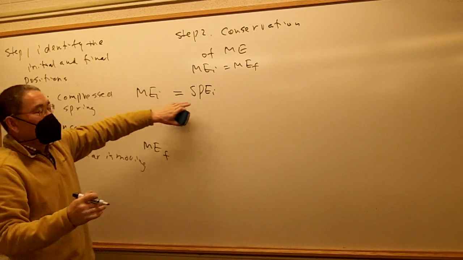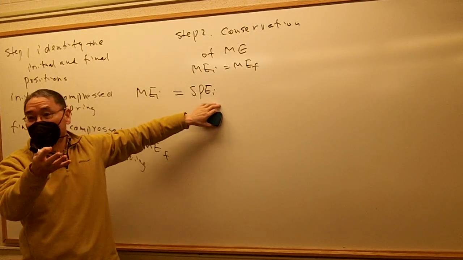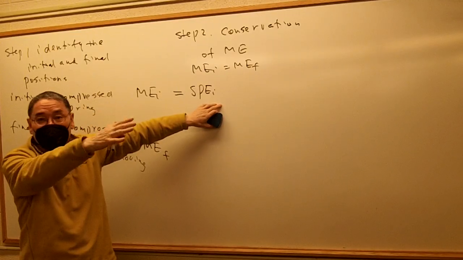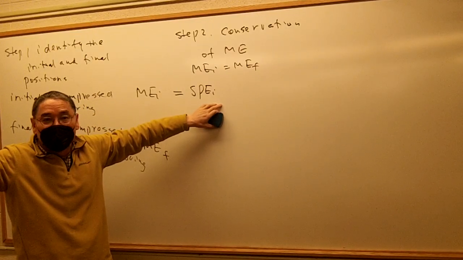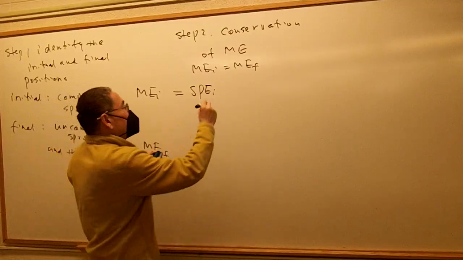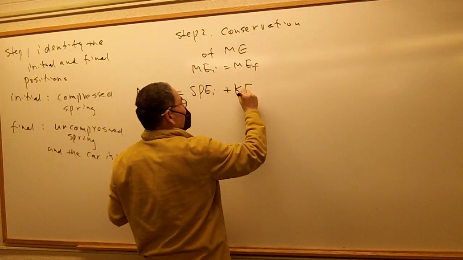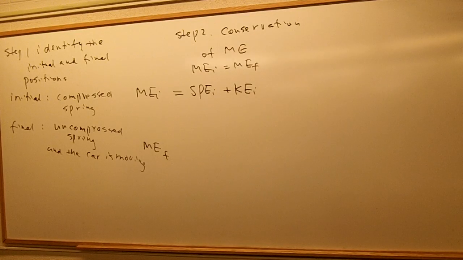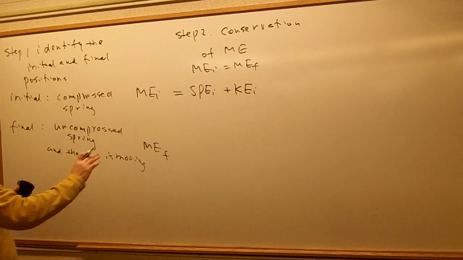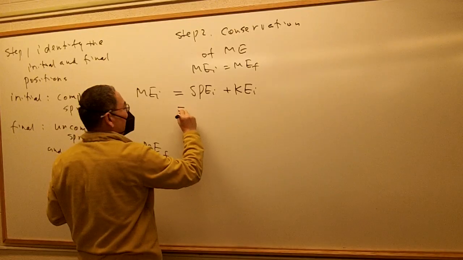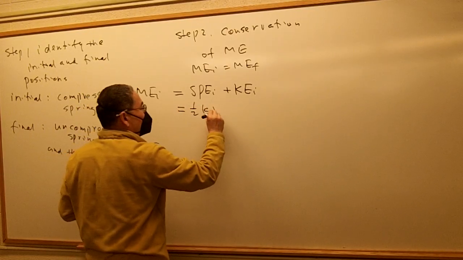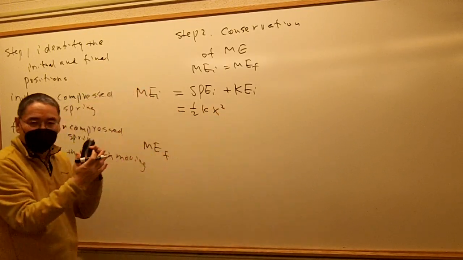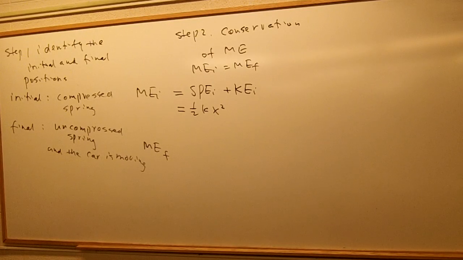And besides spring potential energy, what else would we like to add? Kinetic energy. Good job. So that's what's called mechanical energy. Now, the compressed spring potential energy is 1/2 kx squared. That's the potential energy, always this expression.